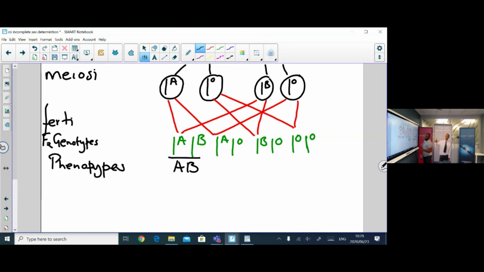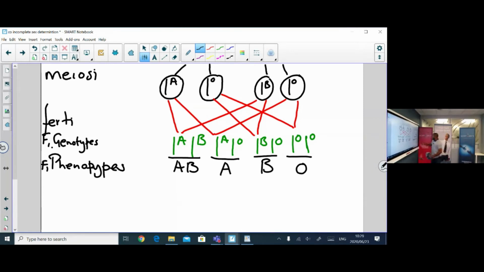They're now the phenotypes. A, B, this one A, this one B, and this O.